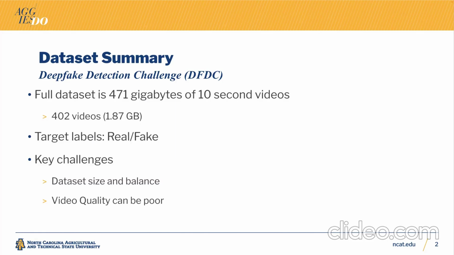That label makes it pretty obvious that some of the key challenges are the data set size, since 470 gigs is quite a lot, but 402 videos can be seen as a small data set in some circumstances. There's also the balance, I believe more of the data was fake as opposed to real videos, and the video quality can be poor in some of the videos.